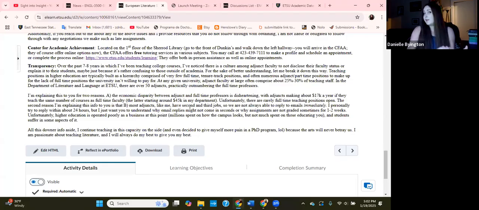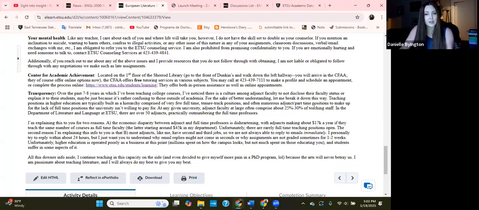It is a very complicated hierarchy to explain, but in a nutshell, I'm putting this transparency part here to explain that we get paid poverty wages to teach the exact same number of courses as full-time professors, because there essentially are rarely ever full-time positions to apply to.